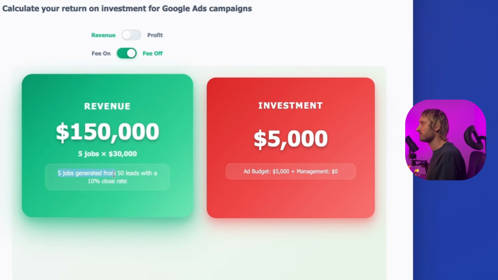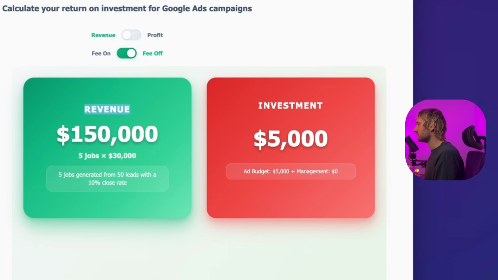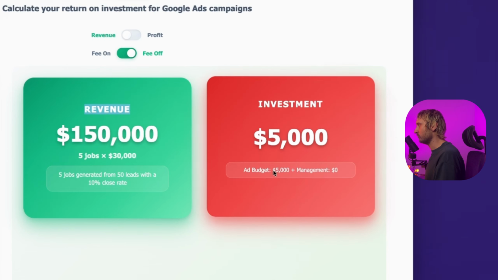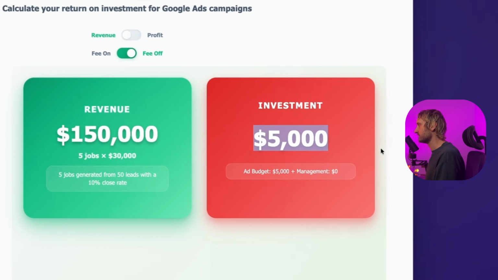So 5 jobs generated from 50 leads with a 10% close rate is $150,000 in revenue. And then to calculate the gross profit, we deduct the investment, which is 5,000. So 145 is what goes into your company after your Google Ads fee is paid.